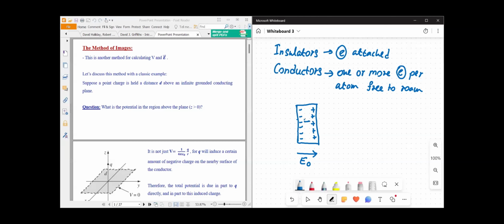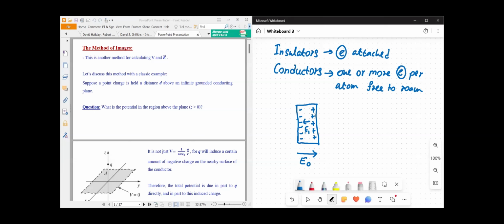Therefore, we can say there is an electric field in this direction, E1, inside the conductor. If we take the total electric fields, we have E1 in this direction and E0 in this direction. Because of E0, this E1 resulted. Until the electric field is balanced, charges, mainly electrons, keep moving inside the conductor to produce this E1 electric field.